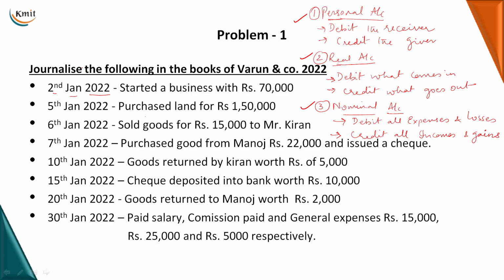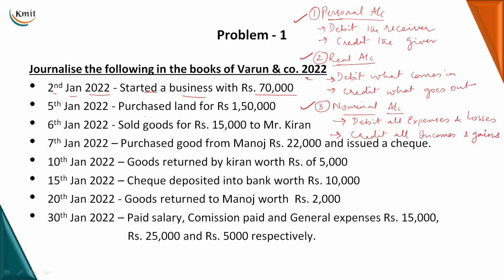So the problem asked here is: journalize the following transactions in the books of Varun and Company for the year 2022. Here the first transaction is in the month of Jan, that is 2nd Jan 2022. Started business with rupees 70,000.